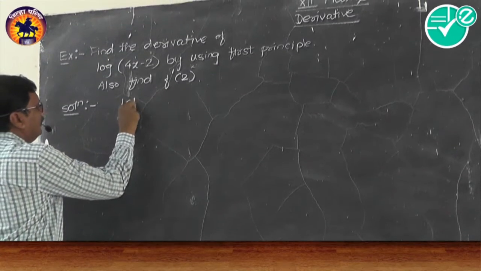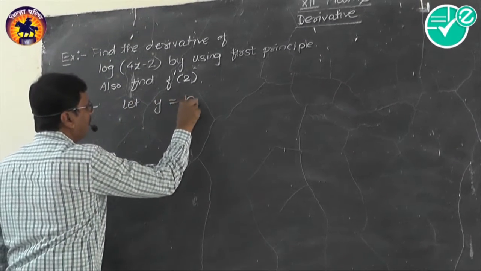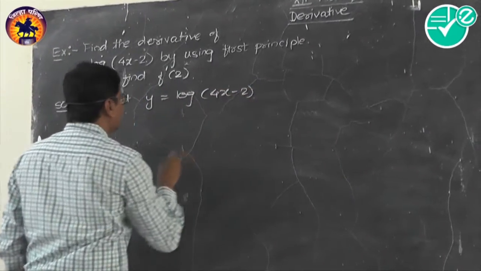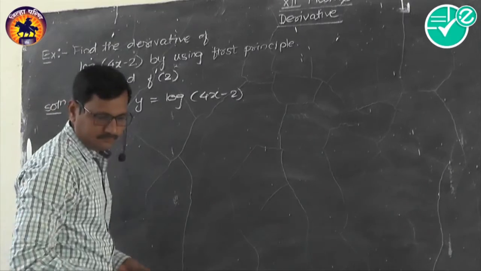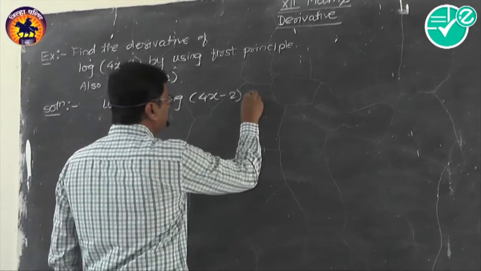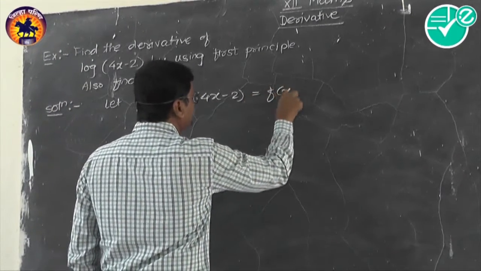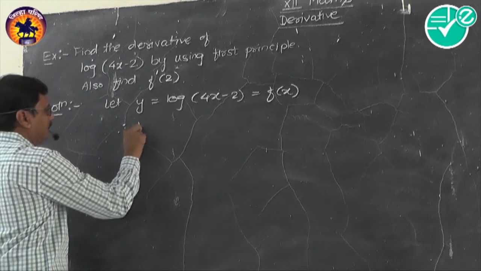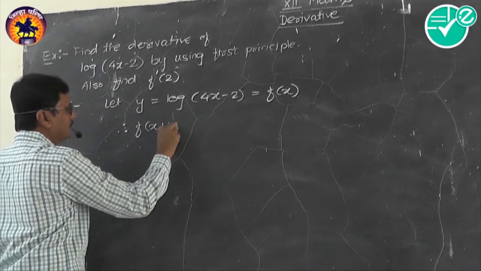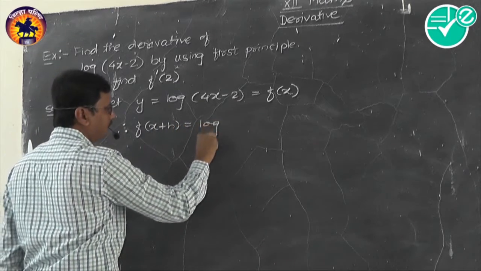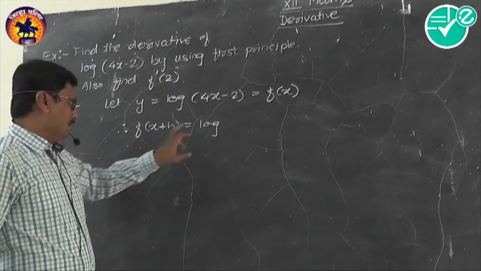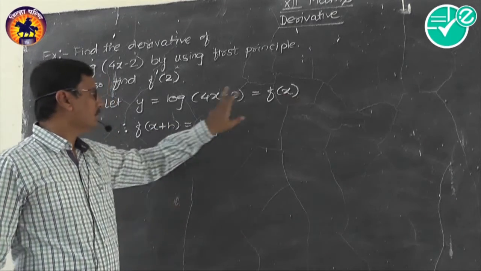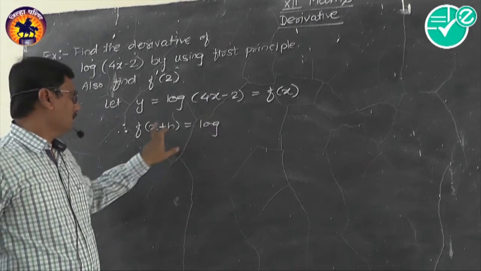First of all, let y is equal to log of 4x minus 2, which will be our function f of x. So f of x plus h is equal to log of, here f of x plus h comes in terms of x, so replace this x by x plus h.